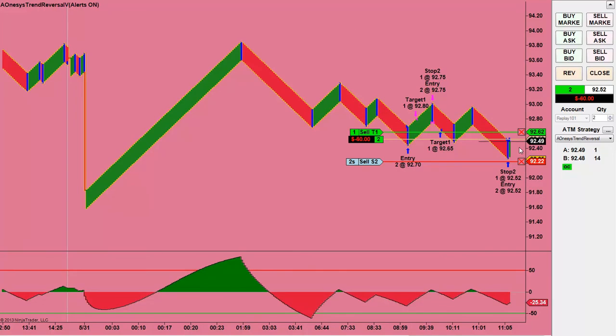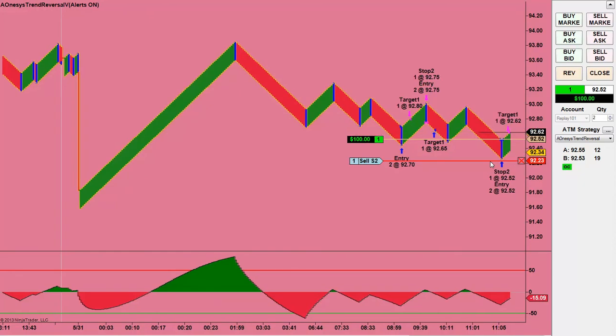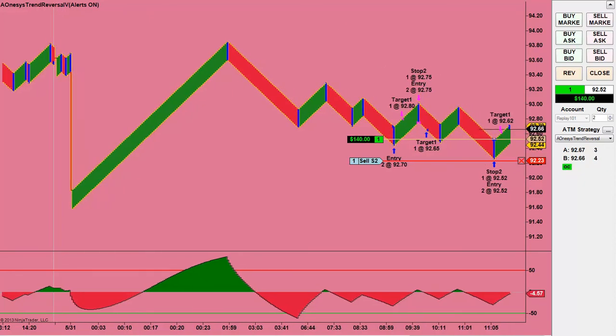Okay, in and 10 ticks. And I'll move this closer. Okay, first target filled. And this is actually a little bit more over. It's 24.